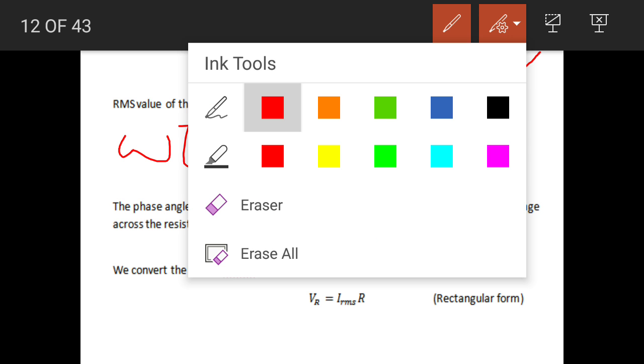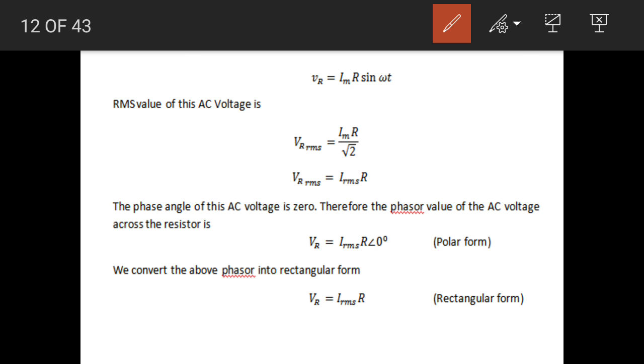So we divide the maximum value of this AC voltage by under root 2, and we get the RMS value of this AC voltage.